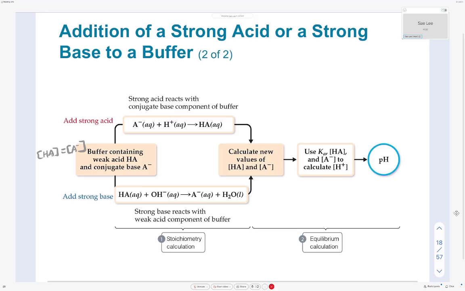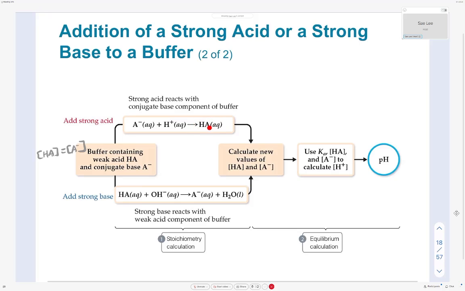Now what happened to the system? Now the system has increased concentration of HA, including additional HA from this reaction. So now the pH of this buffer system is changed due to the increased concentration of the acidic component.